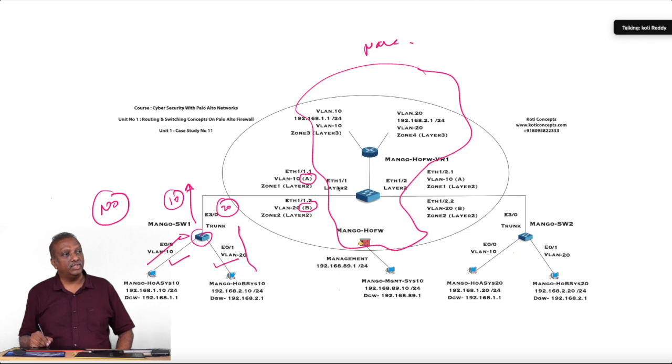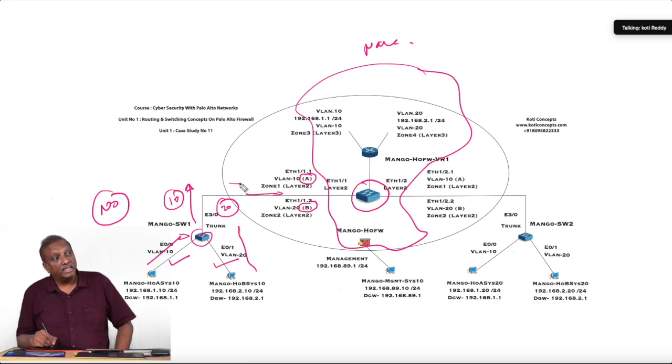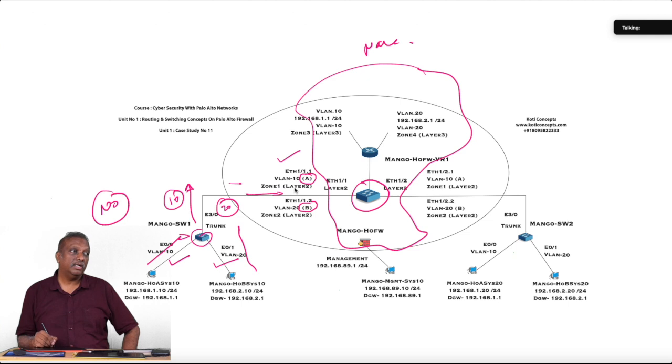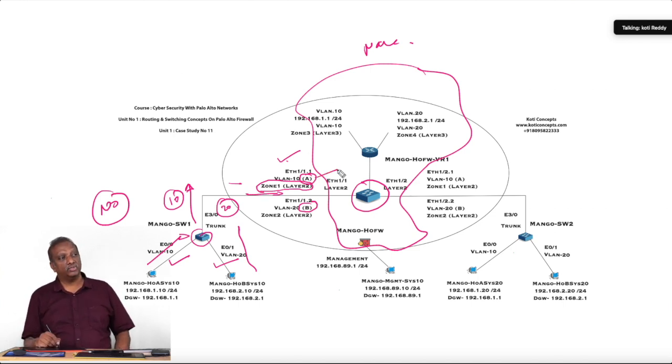I tell the Palo Alto firewall switch, when the packets are coming via this particular link with the tag as 10, receive the packets via the Ethernet 1/1.1 subinterface. You understand, no? And that interface belongs to a layer 2 zone called zone 1, and also the VLAN ID of that interface is for VLAN A. So that's how we map the Cisco VLANs to the Palo Alto VLAN.